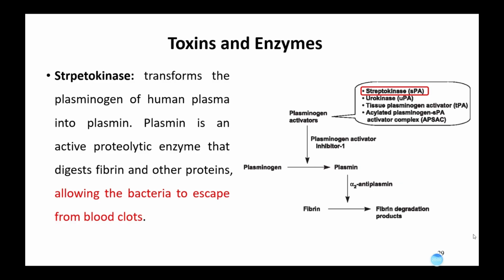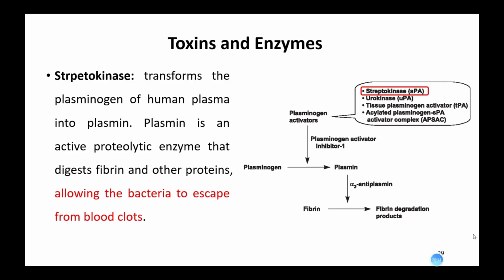So this kinase can transform plasminogen into plasmin. We know that plasmin is the active enzyme. It's a protein enzyme. So the proteolytic enzyme which can degrade fibrin. And we know that fibrin is the insoluble protein in the blood clot, right? So that plasmin can degrade fibrin in the blood clot.